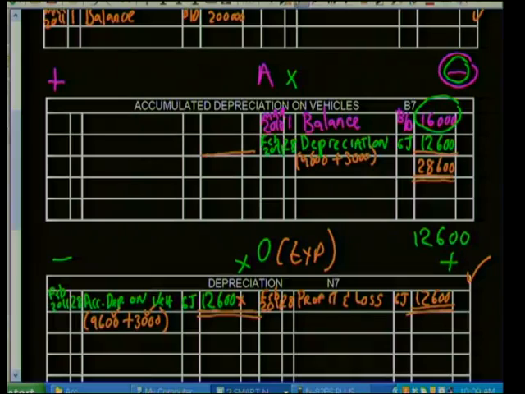Okay, let's take that through to the debit side, 28,600. Okay, and this obviously becomes my balance carried down at the end of the financial year, 28th of Feb 2011.